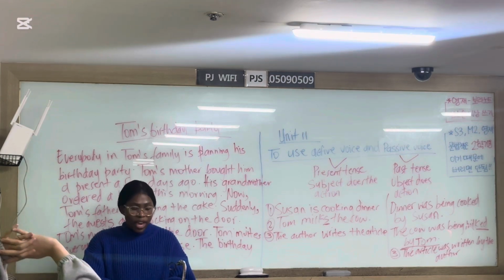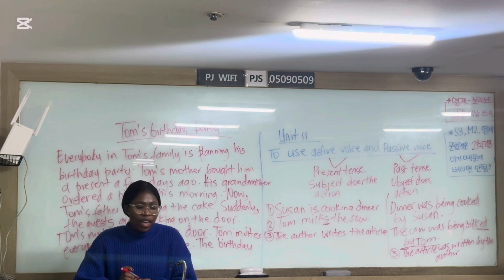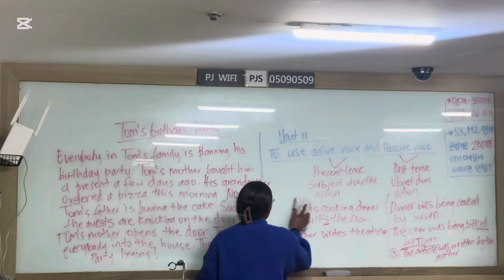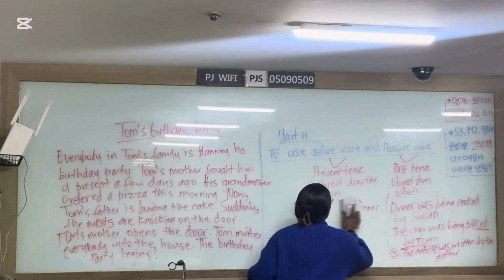Let's now go to page 72. We have to use a cluster to complete the paragraph about a little girl's solution. So find the missing sentences. A little girl's solution.